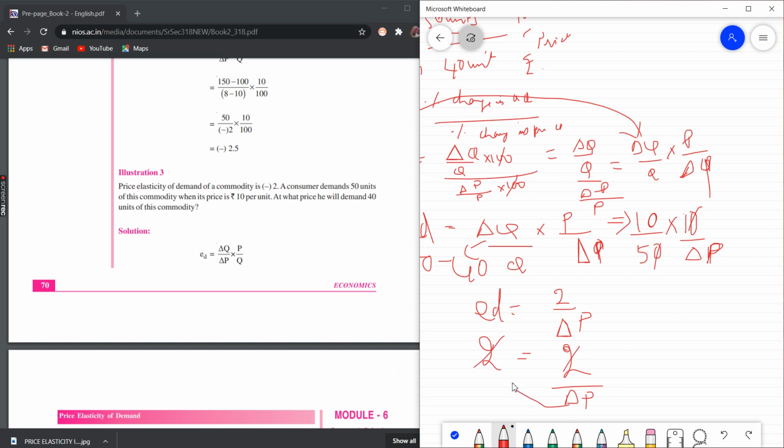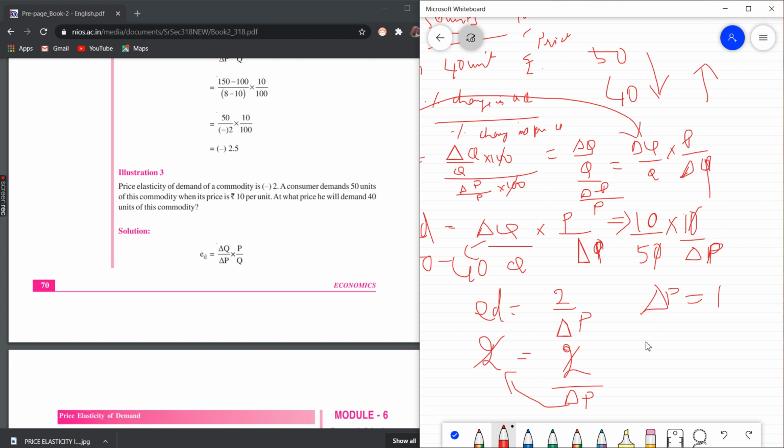So this change in P will go to the LHS, and change in P is equal to 1. Okay. As there is a negative relationship, you can clearly see that when demand has decreased from 50 units to 40 units, that means there is an increase in the price level. Okay, this is the analysis we have got.